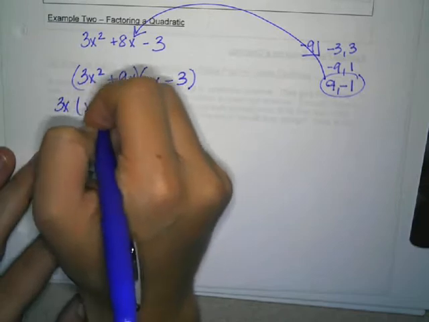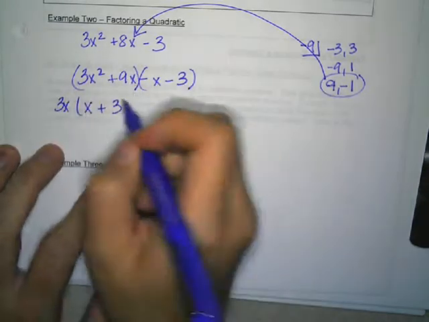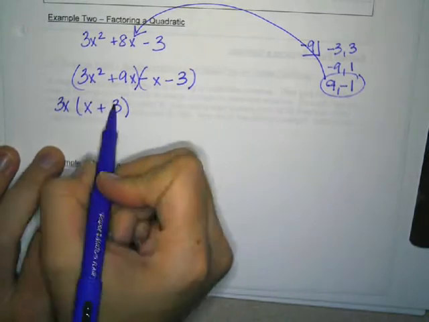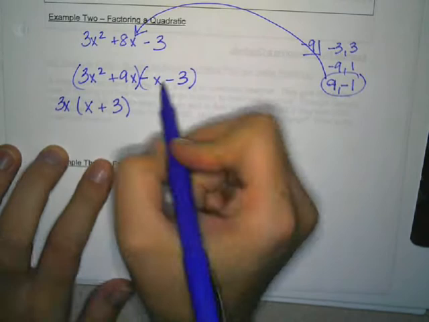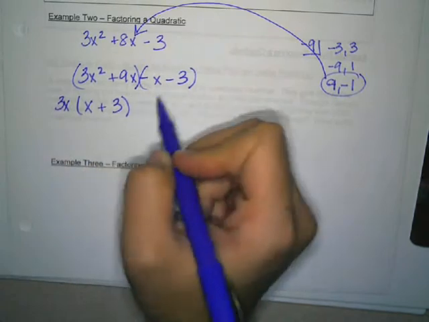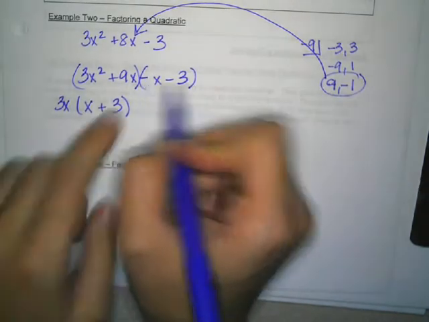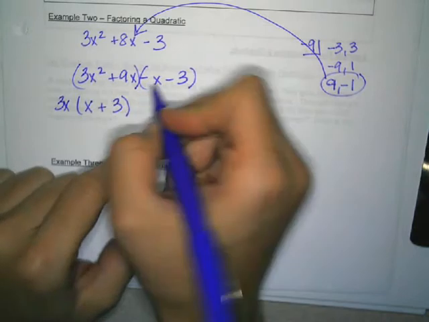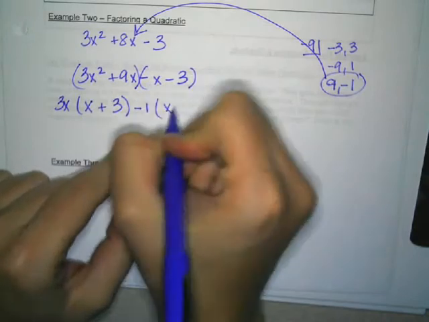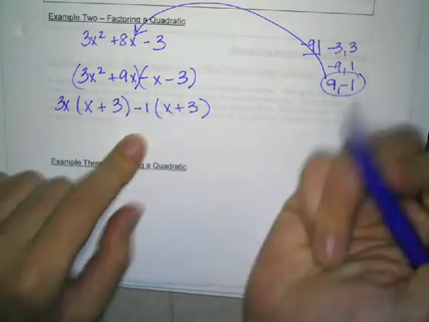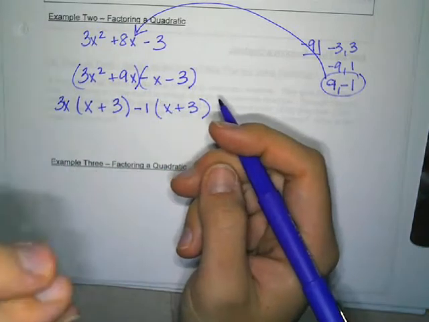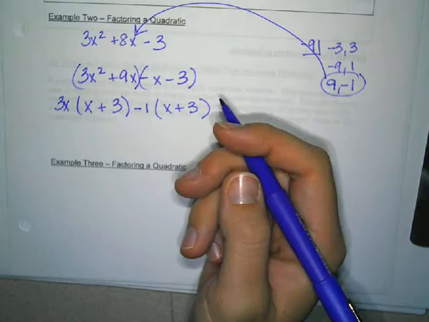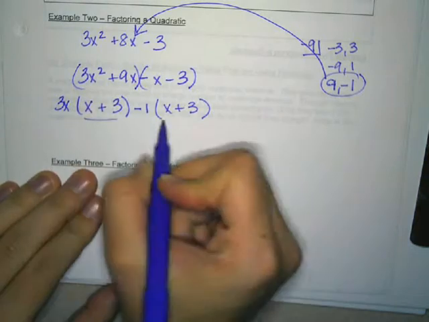Now if you're not sure you did it correctly, you can redistribute in your mind to see if you get the same thing, which you would here. In this other parenthesis, if you have a negative right there, you're going to at least pull out a -1. Now, in order for factoring by grouping to work, or to know if you did it right, these two parentheses have to be the same.